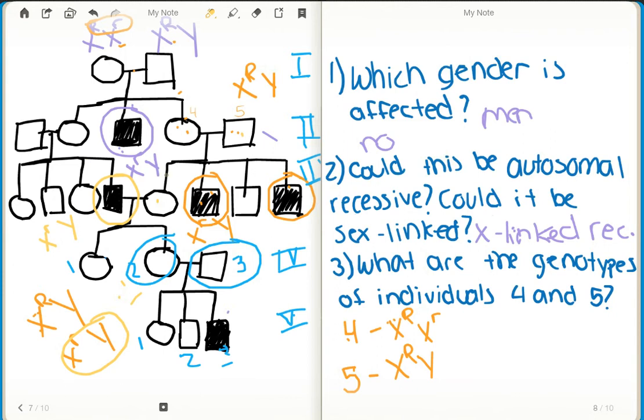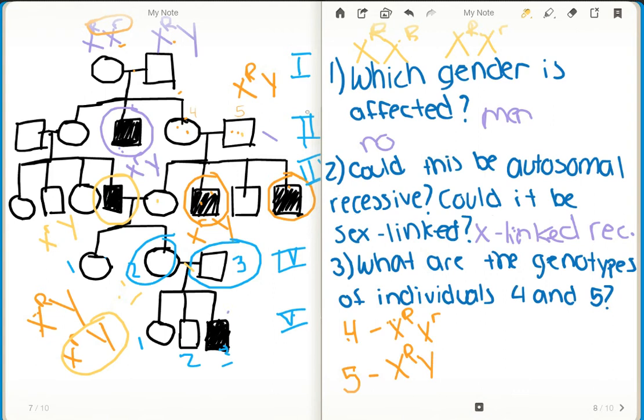So can we assume anything from this individual? Can we assume that they are either, here I'll write it over on the top of this page, so there's 2 options for them. Either they are this, or they can be a carrier.